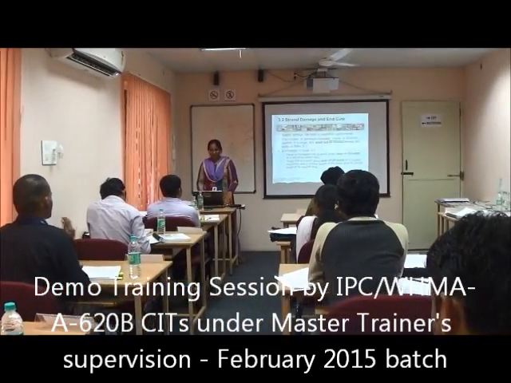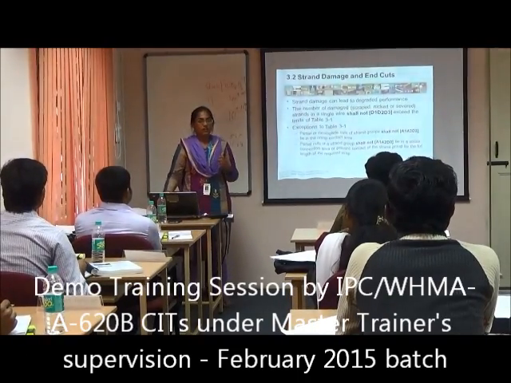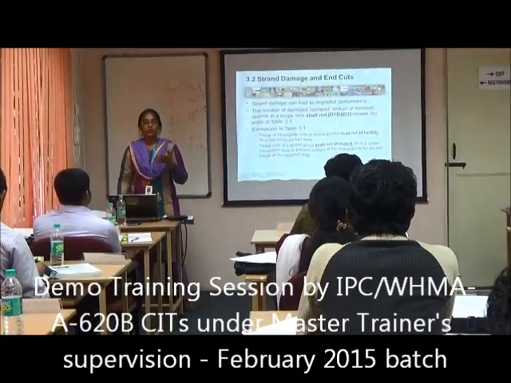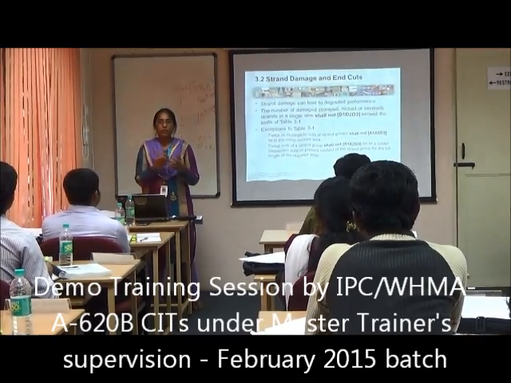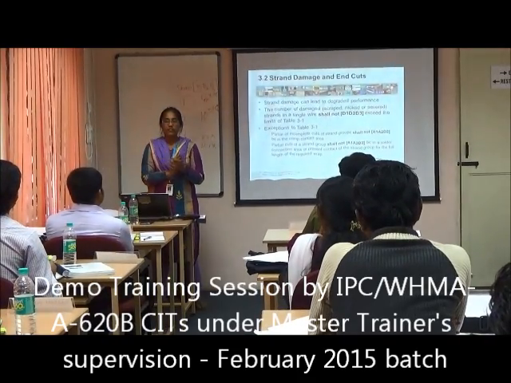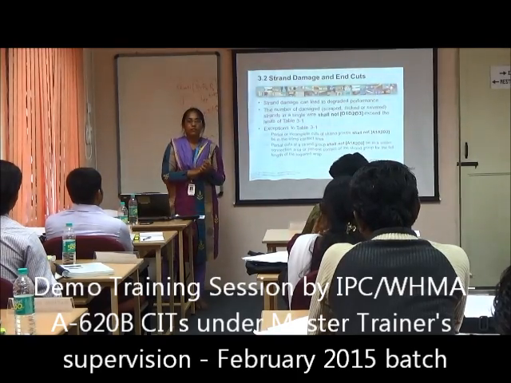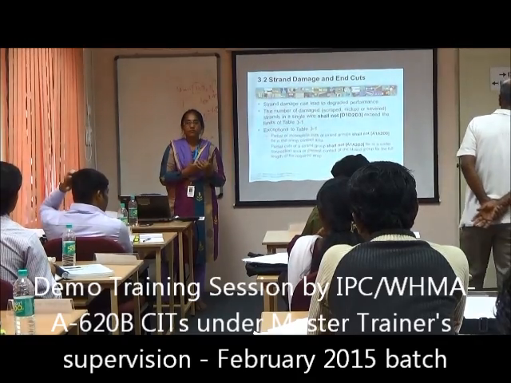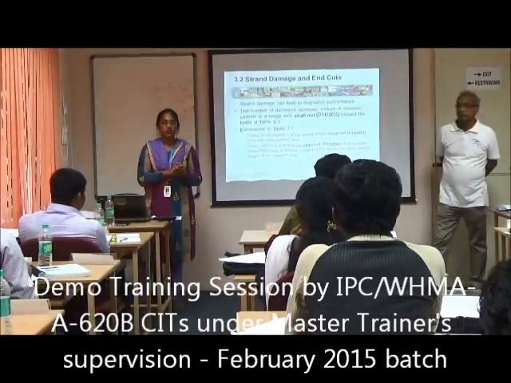First, strand damage can lead to degraded performance. For example, consider a 20 gauge wire in terms of mill area. While stripping, you cut some strands. What will happen? What are the effects of that damage? Can anyone tell? Current carrying capacity will be reduced. Yes, because the mill area is reduced.